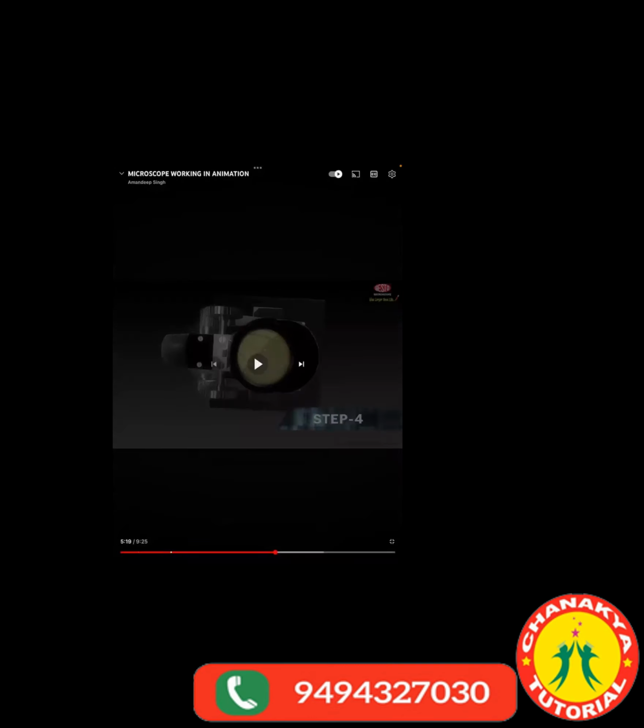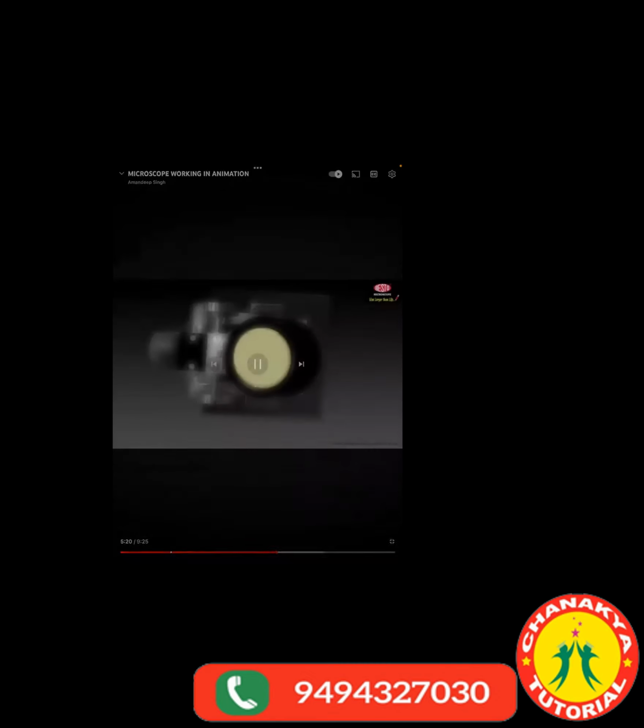Step 4. Look through the microscope. This is the eyepiece, actually. Through the eyepiece now what we will be doing, we will be looking into the object. You should see a circle of light against a black background. Twist the plano concave mirror around to make the circle as bright and even as possible. If you cannot see a circle of light, your objective lens is probably not in line with the ocular tube.